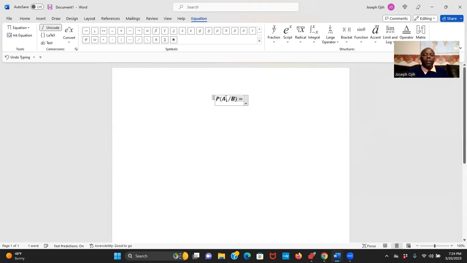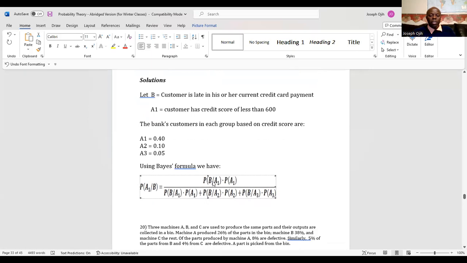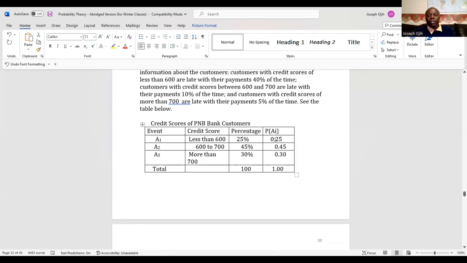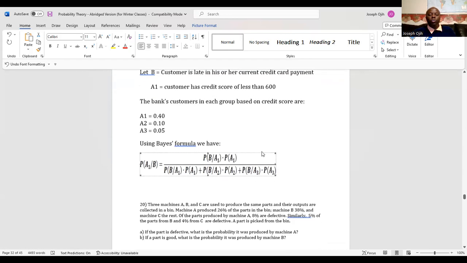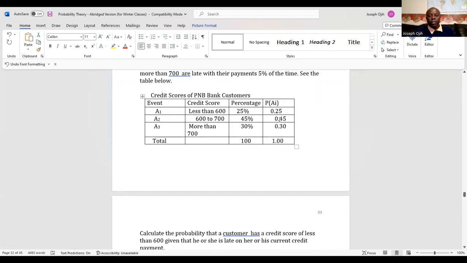Now, before I do that, let me refresh your memory again. Given this formula, the probability of B given A1, that the customer defaulted given that he belonged to A1, is right here, 0.40. And the probability of A1 is right here. The probability that the customer defaulted given A2 is right here, and then the probability of A2 is right here for that group.